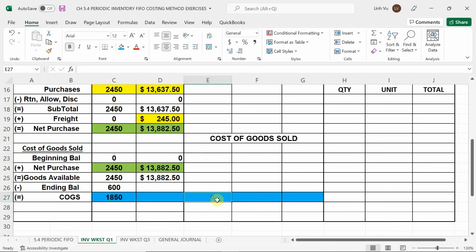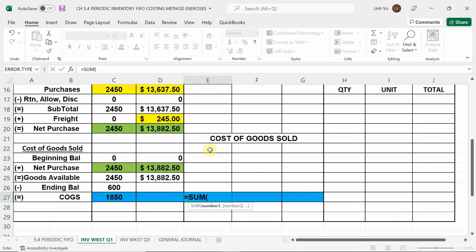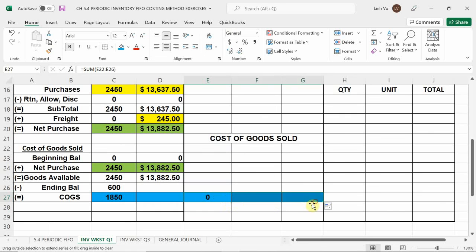And what I'm going to do is I'm going to automatically put in my equal sum so I can create a running balance. So in this case, every time I enter in something in this window, it's going to automatically calculate my total column here. Okay?